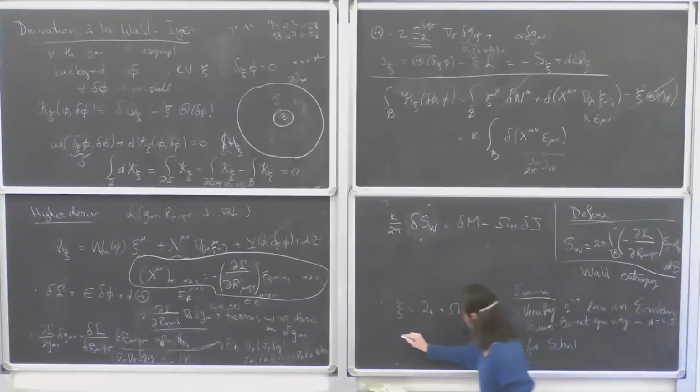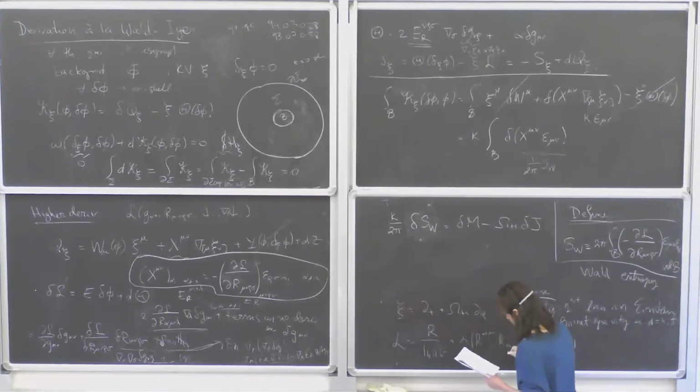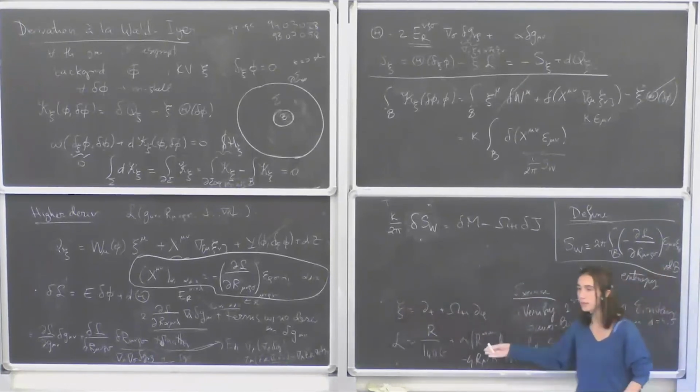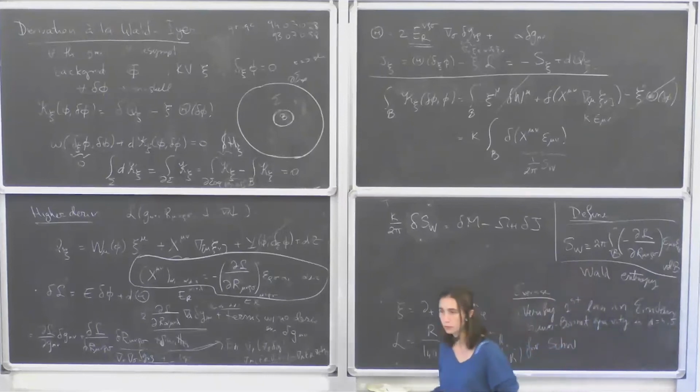So your Lagrangian is basically R over 16 pi G plus some alpha times the Gauss-Bonnet term, which is R mu nu rho sigma squared minus 4 R mu nu squared plus R squared. I'm scribbling it because I'm assuming you know what it is, but if you don't, scream. So take this Lagrangian, you look at the black hole solutions in 4 dimensions, it should be the same.